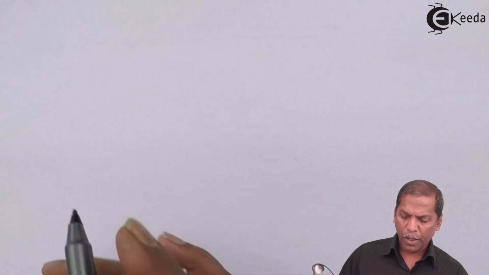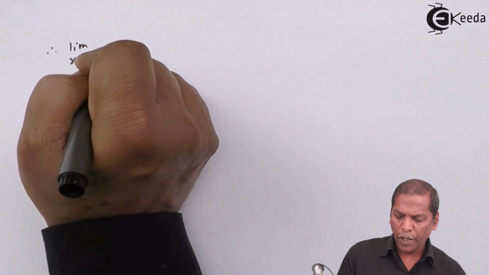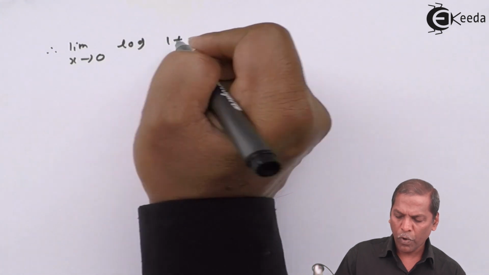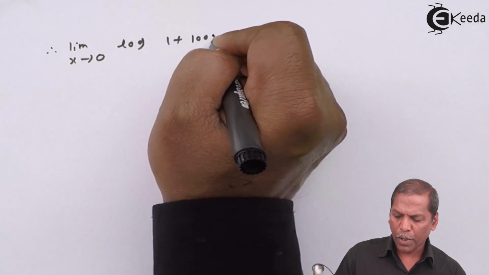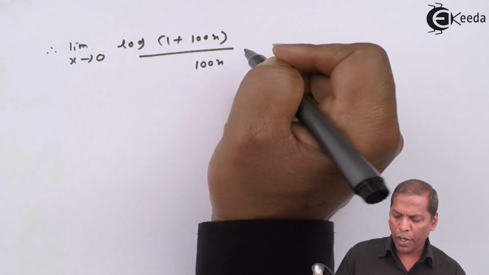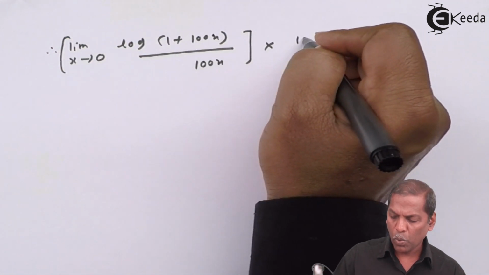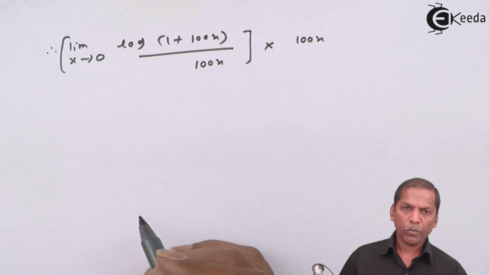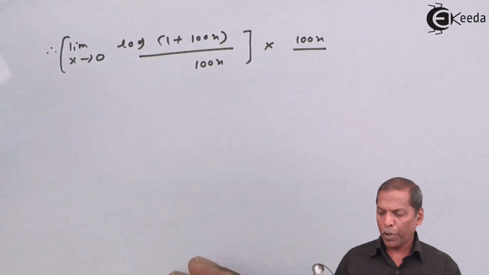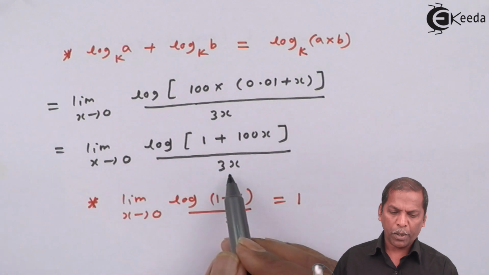So in present case, we can write limit x tends to 0 log of 1 plus 100x upon 100x into 100x, and then that upon the original term. Now here the original term in the denominator is 3x.